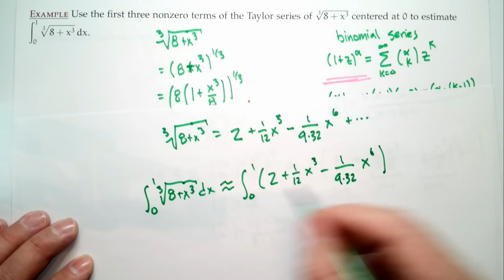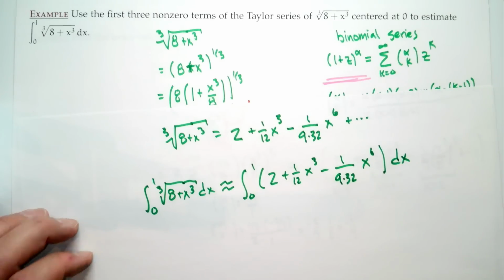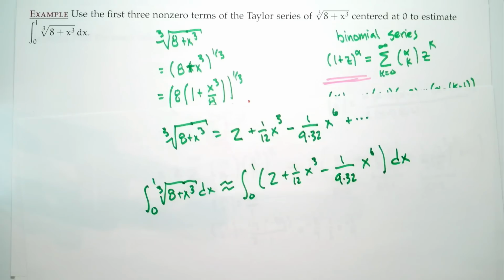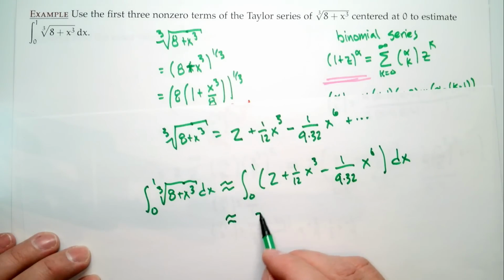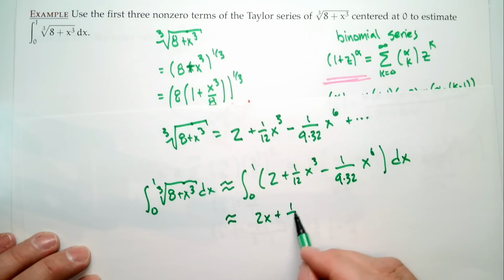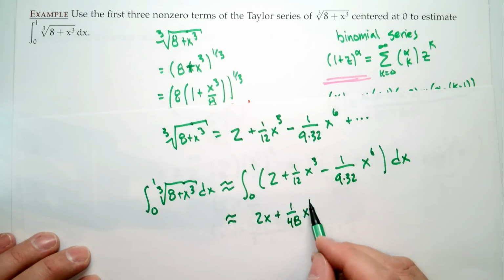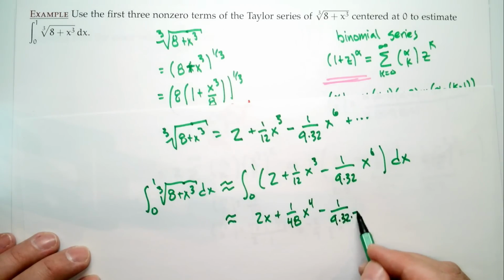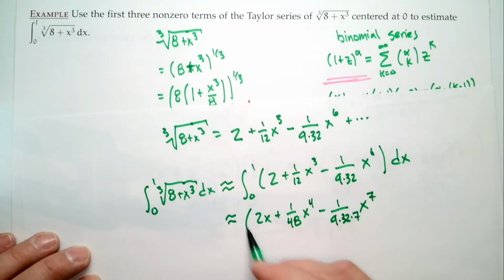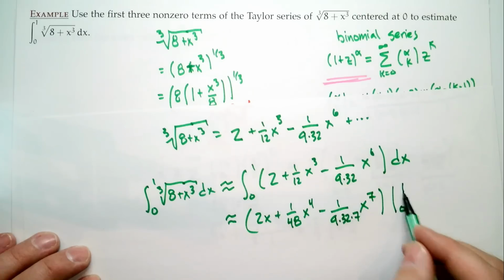That's where the approximation comes from, because we say we're only going to go a couple of terms in. And now we do the integral. That'll be 2x plus 1 over 48 x to the 4th minus 1 over 9 times 32 times 7 x to the 7th, evaluated from 0 to 1.